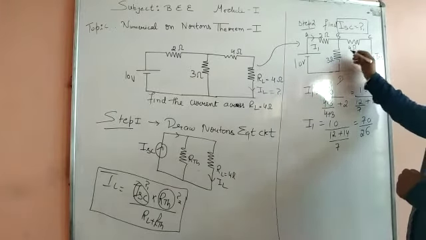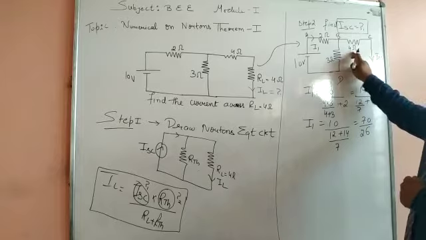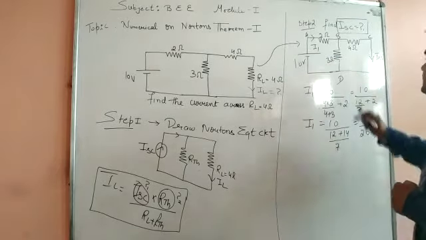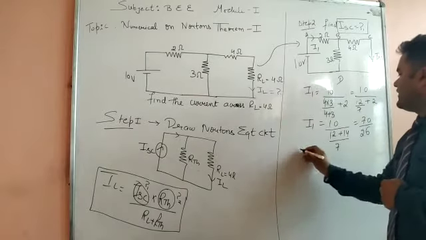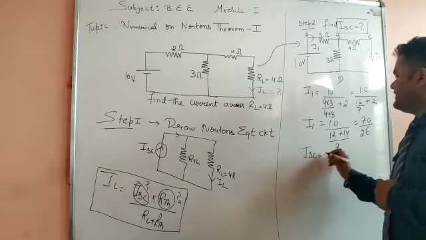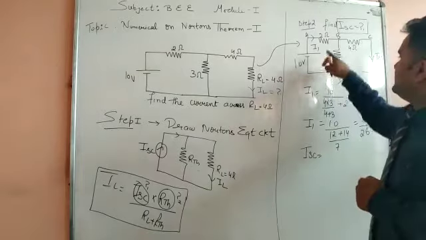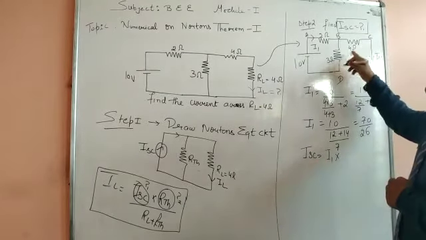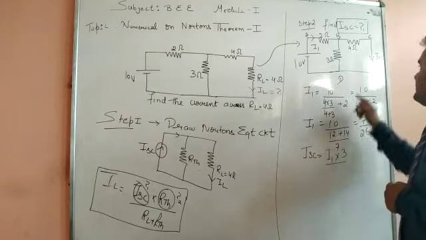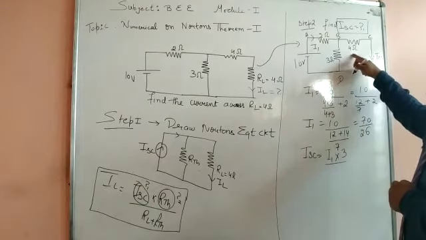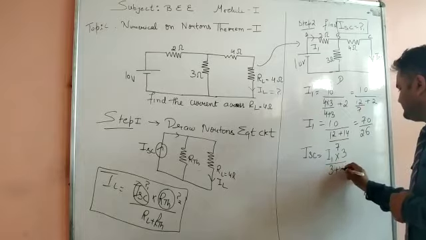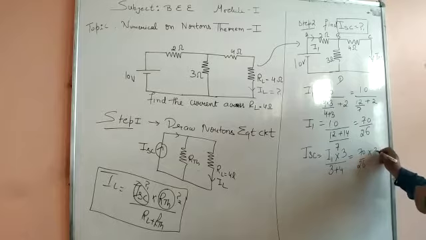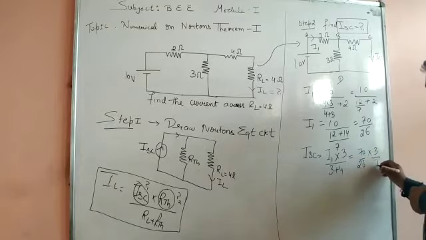Now, if you see, 3 and 4 are in parallel to each other. Now, in order to find out ISC, again I am applying the current divider rule. This is the incoming current into resistance of the opposite branch divided by the sum of both the resistances, 3 plus 4. You know the value of I1, 70 upon 26, into 3 upon 3 plus 4, that is 7.